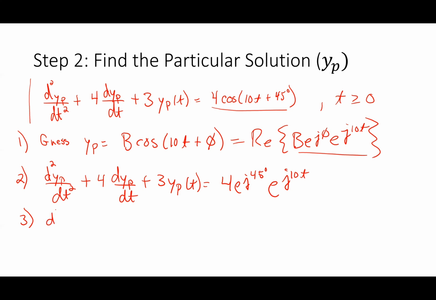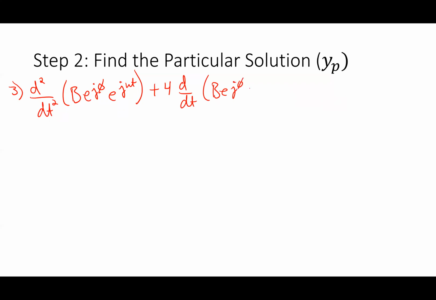So I get d squared by dt squared of b e to the j phi, e to the j omega t, plus 4 times the first derivative of that thing, plus 3 times b e to the j phi, e to the j omega t, all equal to 4 e to the j 45 degrees times e to the j omega t.